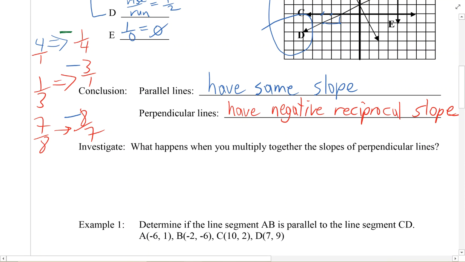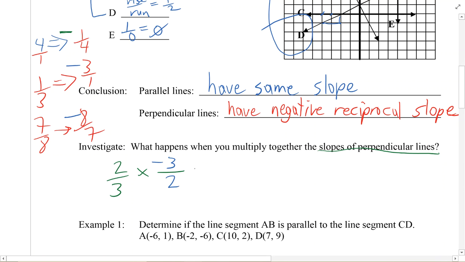So what happens when you multiply together the slopes of perpendicular lines? Well, if one slope was, say, 2/3, and we multiplied by the negative reciprocal, what would that be? What's the negative reciprocal? Flip 2/3 and add a negative sign.